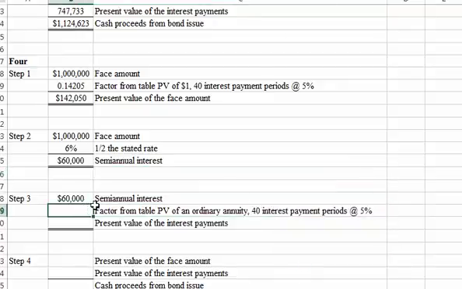All right, so we're going to go to our table, present value of an ordinary annuity on P-4. P as in poltergeist. And 4 is the number after 3. Okay, so we'll come down to 40 periods on our present value of an ordinary annuity of $1 table. Come down to 40 periods and across to 5%.